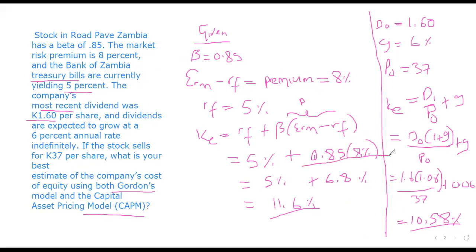You use BODMAS, you can't just add. What is 0.85 times 8? It's 6.8.